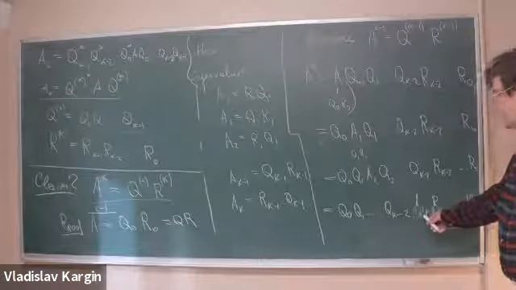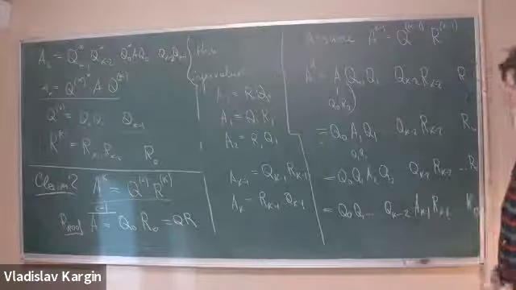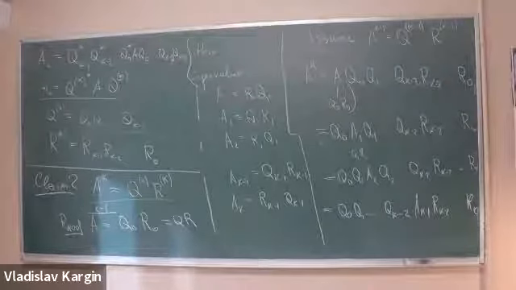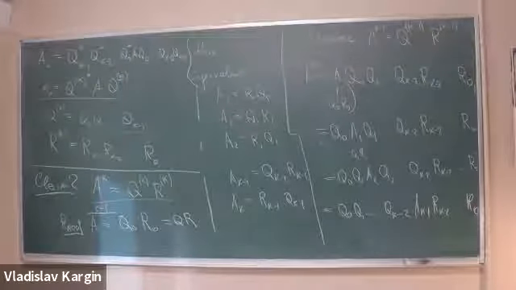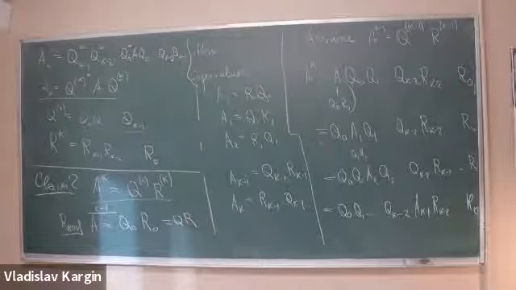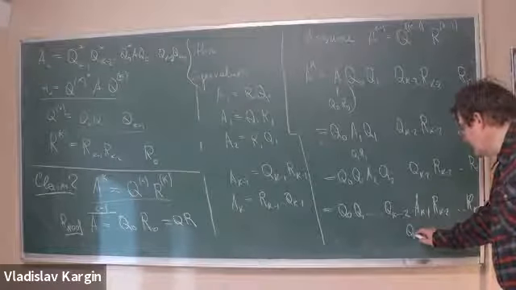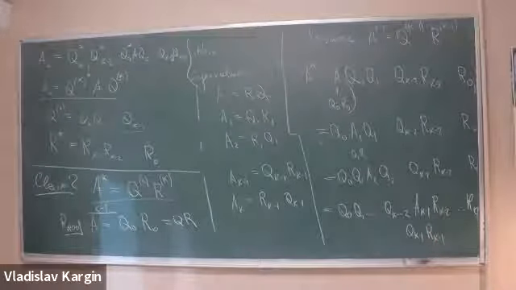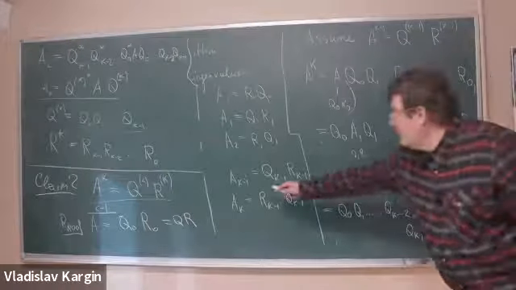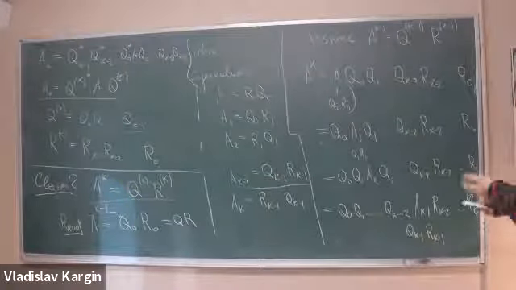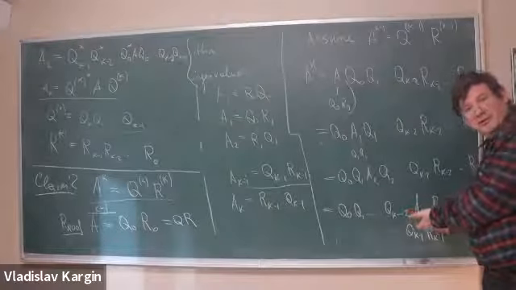So this A_{k-1} is actually equal to Q_{k-1}, the last one here, R_{k-1}. And so this is this line here.